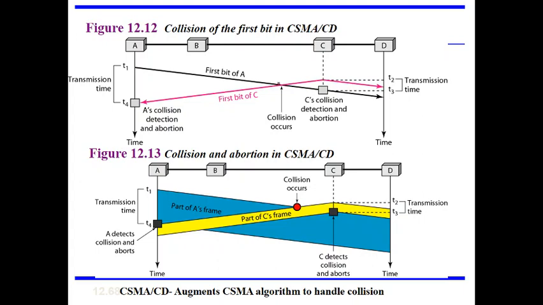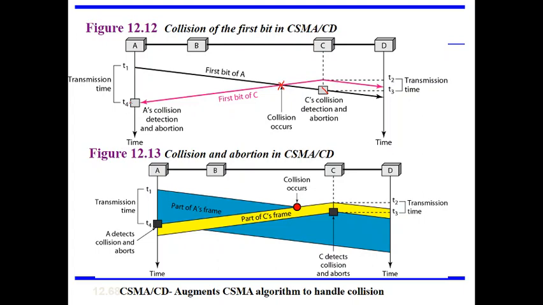But after some time, because of propagation delay, there will be a collision between the first bit of A and the first bit of C. A identifies that there is a collision whenever it receives the first bit of C. At time t4, A receives the first bit of the frame sent by C, and at time t3, C receives the first bit of the frame sent by A. That is why, whenever it finds a bit from other devices, it stops sending the frame.